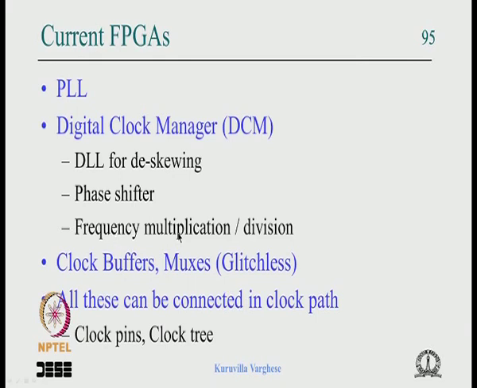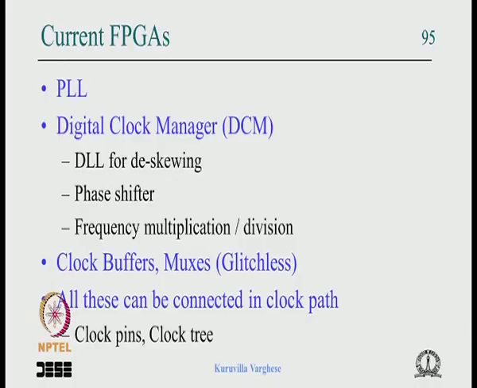It has frequency multiplication and division available within the DCM, digital clock manager, and there are clock buffers and muxes which are glitchless. That means there are 2-to-1 muxes where you can switch between the clocks, and that should not create any glitch, because depending on when you are switching there could be additional edges at the output.